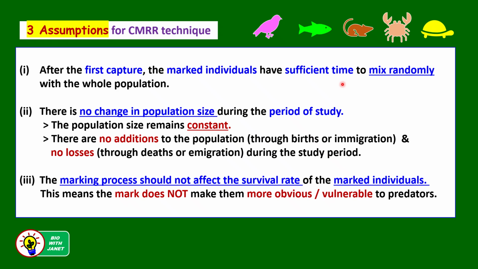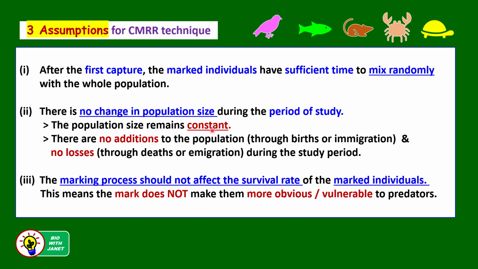You may have to give them a few days, depending on how fast they move, so they mix uniformly with the whole population, so that your estimation of population size is more accurate.